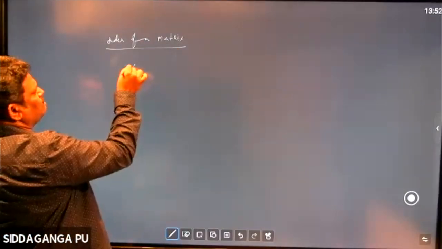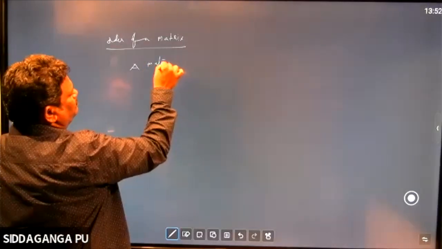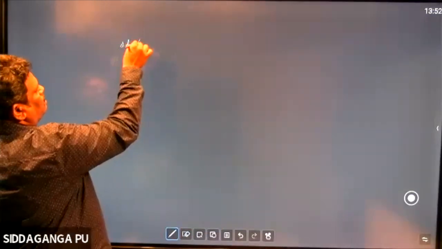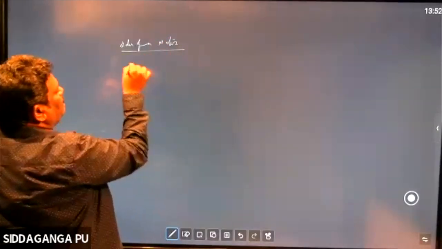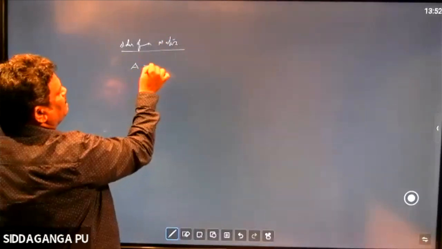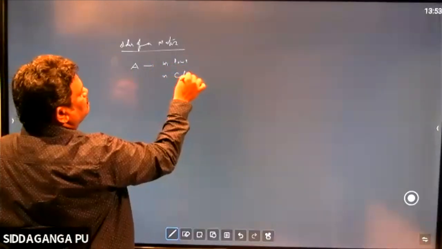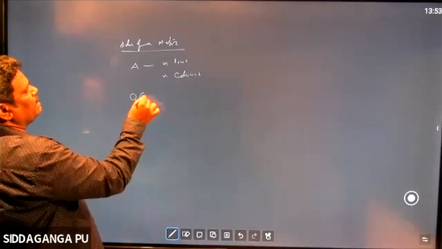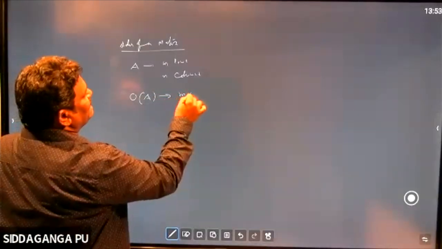Suppose capital A is a matrix that has m rows and n columns. Then the order of matrix A is denoted by m by n.